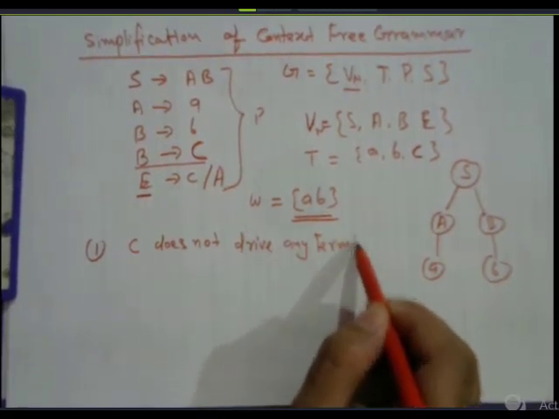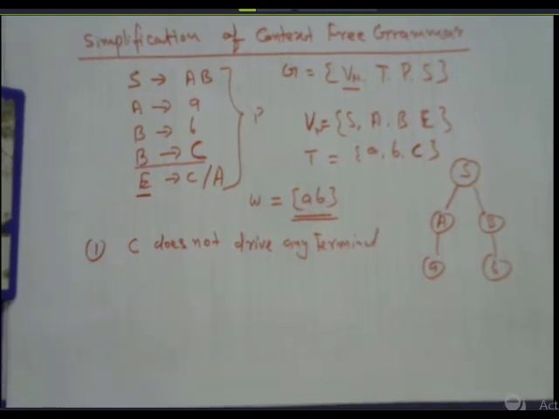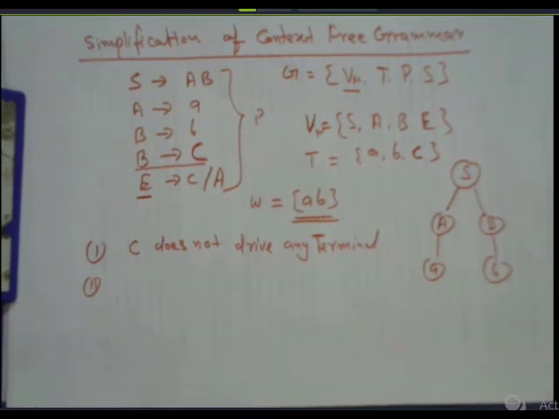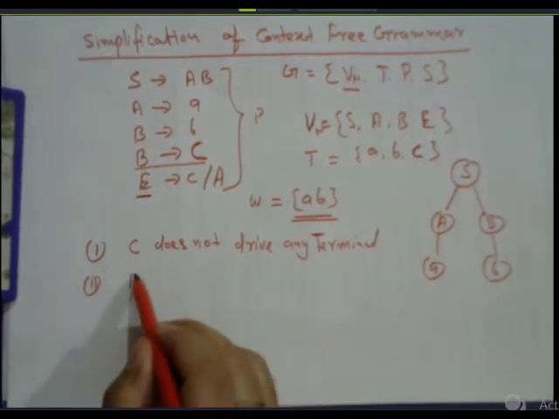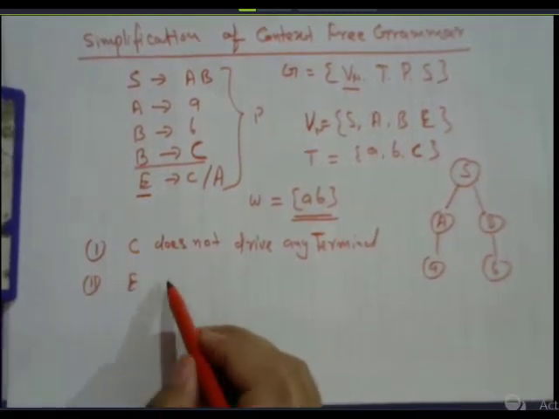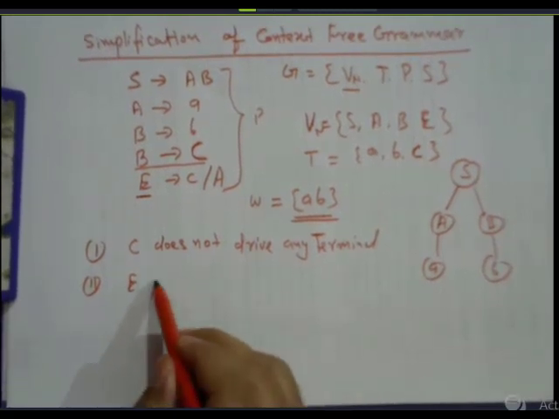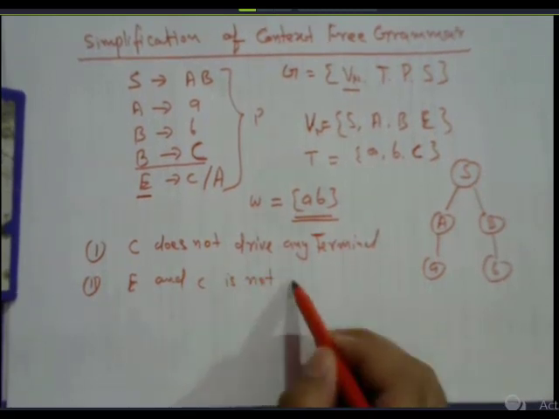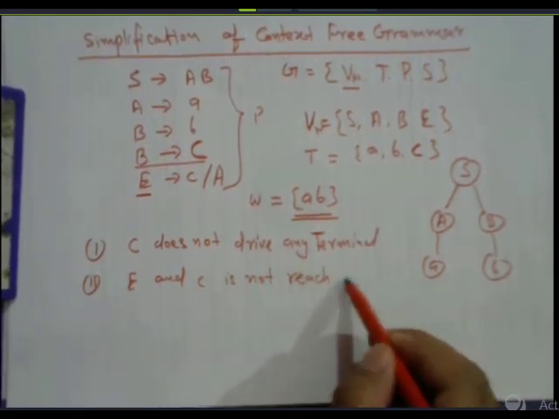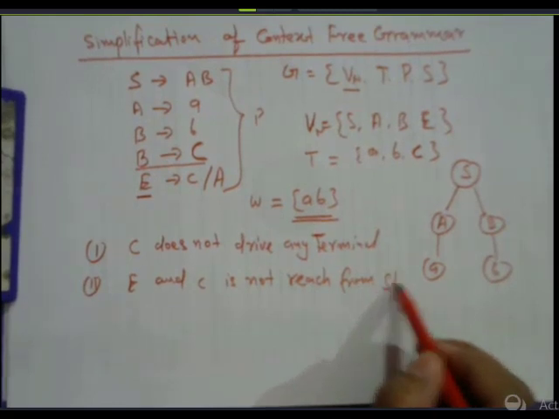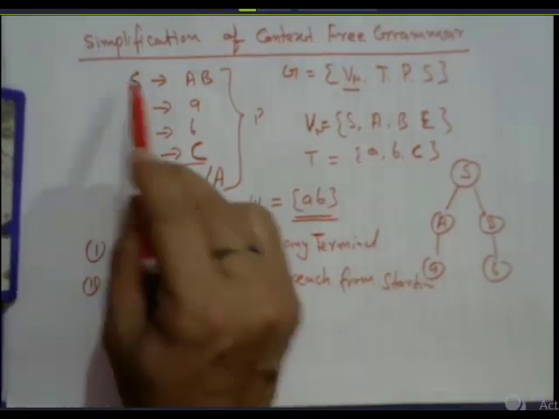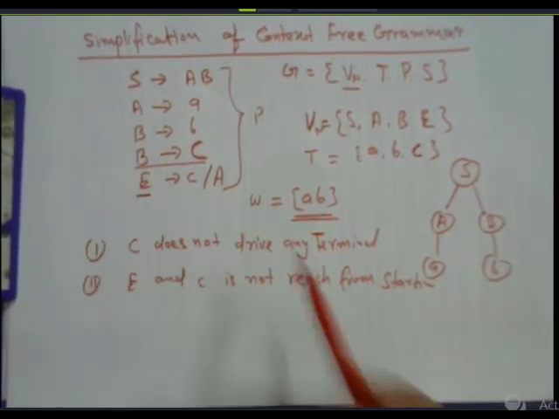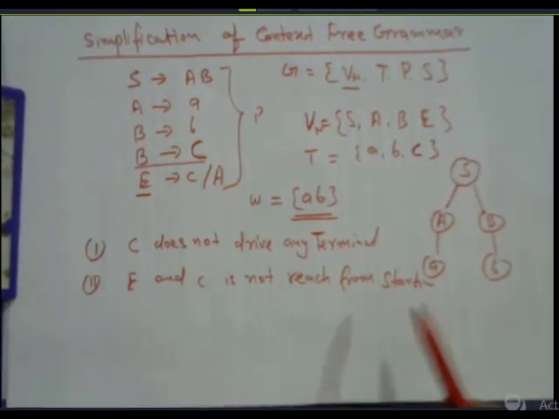Second, E and small c are not reachable from the starting symbol. It means you cannot reach E and C from the starting symbol S in any sentential form.